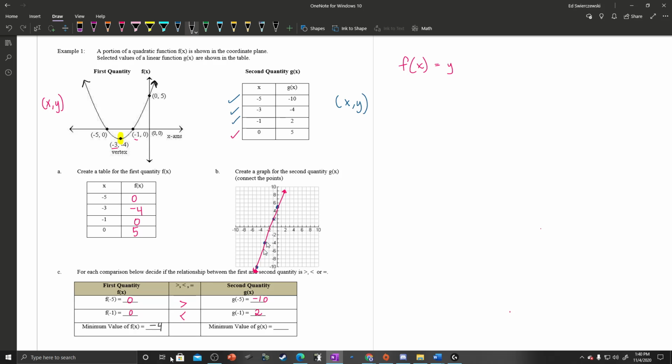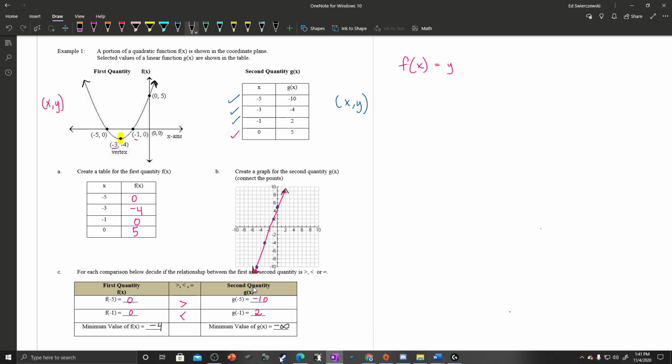Whereas if I look at g of x, this graph keeps going in the positive up direction and it keeps going in the negative down direction. So the minimum value of g of x, if it keeps going down forever, would actually be negative infinity.